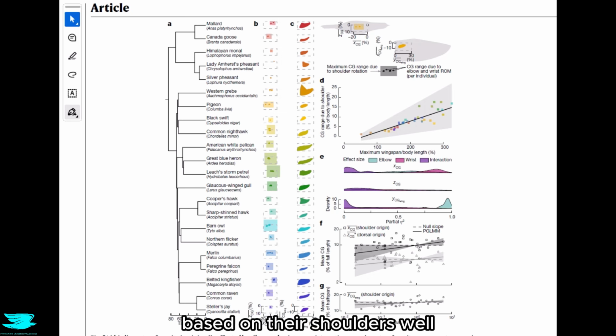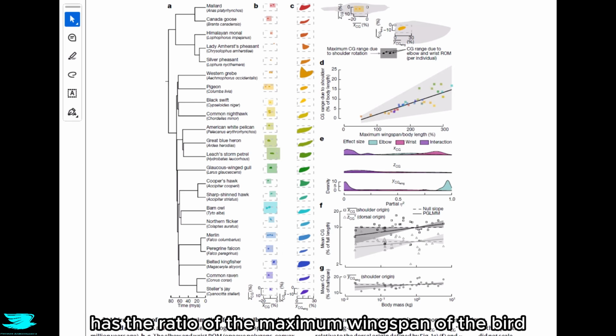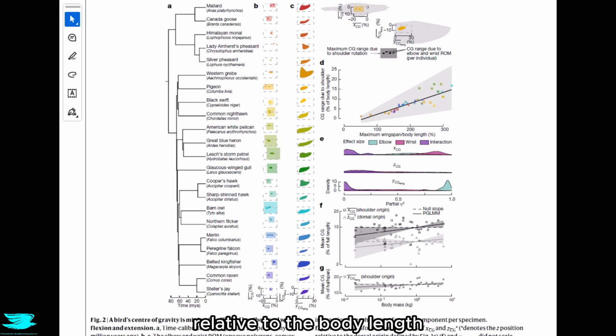So why do some birds have greater changes in their CG based on their shoulders? Well, in figure 2D on the right here, we see a potential answer. So the graph, the x-axis here, has the ratio of the maximum wingspan of the bird relative to the body length. So the greater this value is, the greater the wingspan is compared to the body length itself. So it's just like a really flat, long, stretched out bird. On the y-axis, we have how much the CG changes because of the shoulder.